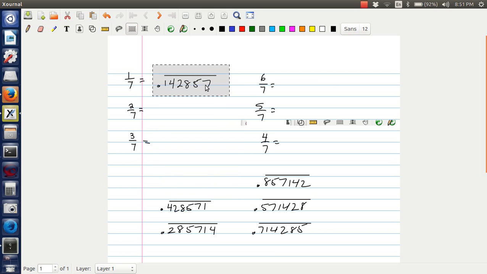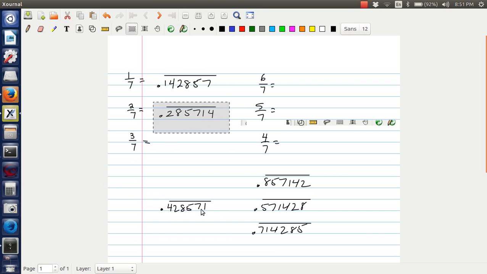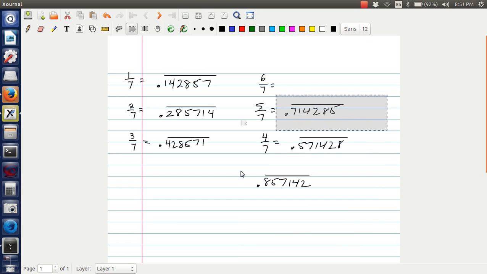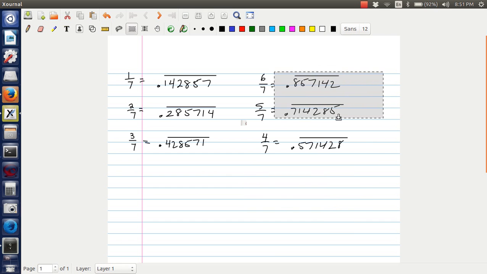So I just put them in ascending order, because if these are all the possible repeating decimals and I have all the possible fractions, they have to go in order. And why did I write the second half of the fractions backwards, like in reverse order? Because I wanted to show you that 1/7 plus 6/7 equals 1, and that's a string of 9s.